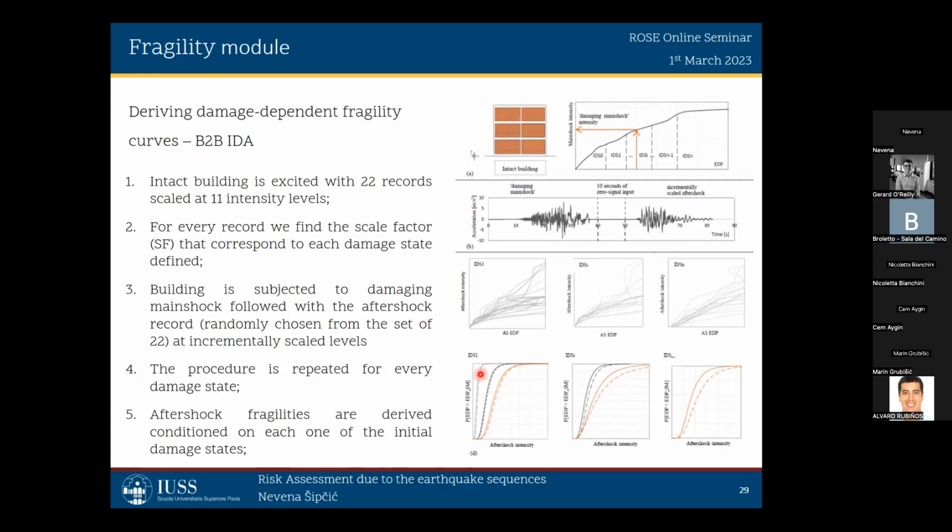Then we subjected the building to what we call the damaging main shock. We followed it with the aftershock record that we randomly chose from the set of 22 records. And we incrementally scaled these aftershocks again. And then we repeated this for every single damage state. And in this case, you can see that in this last row, we get damage-dependent fragility curves.